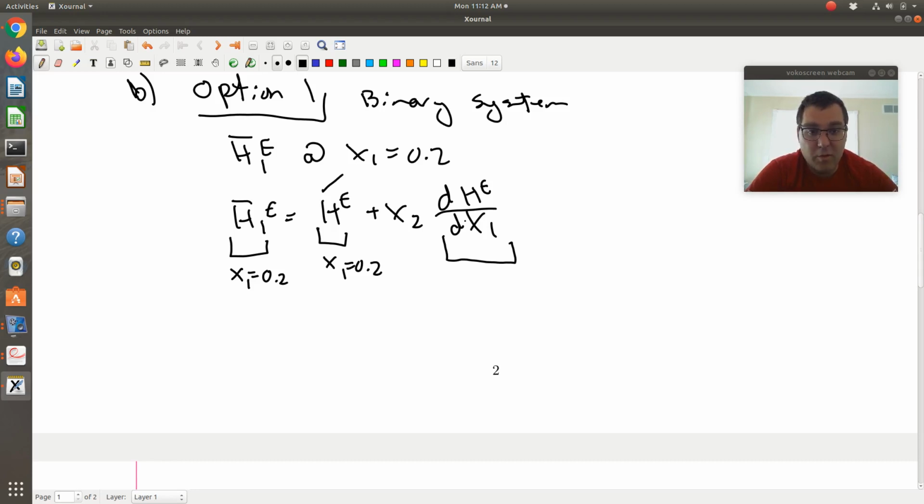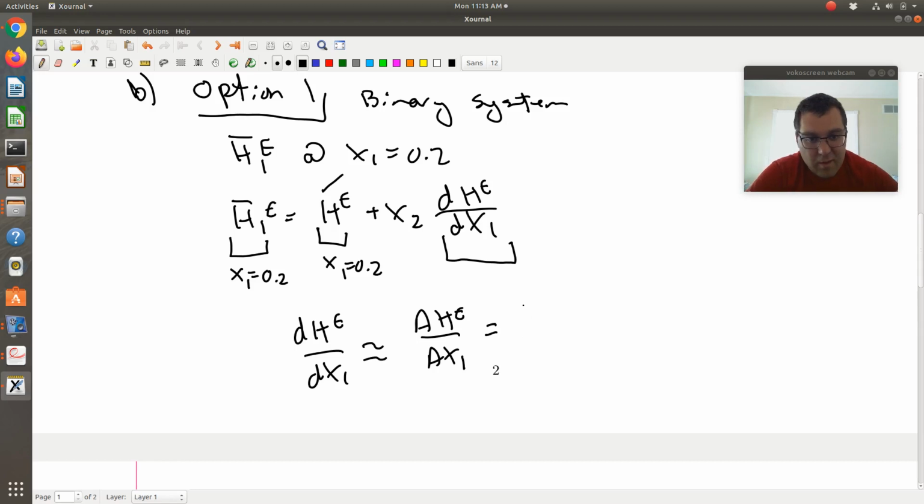So I could use forward finite difference, backward finite difference, or center finite difference. The trick is that if I wanted to estimate dHE/dx1, that's approximately equal to delta HE over delta x1.